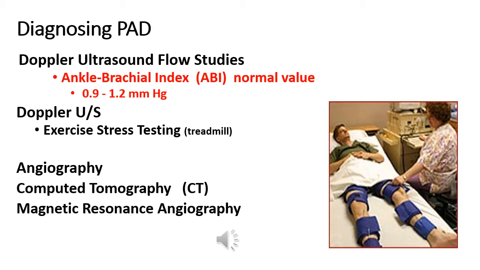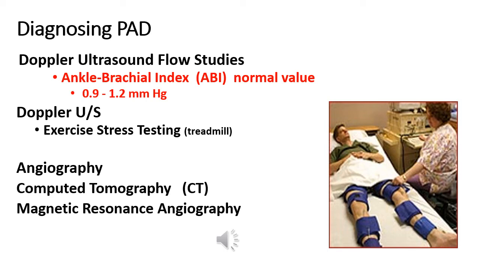The ankle brachial index is a calculation that's done by dividing the ankle systolic blood pressure by the highest brachial systolic blood pressure. Now, this is not something you will ever do, but you will see that it's done probably in the radiology department, and you will see this value.